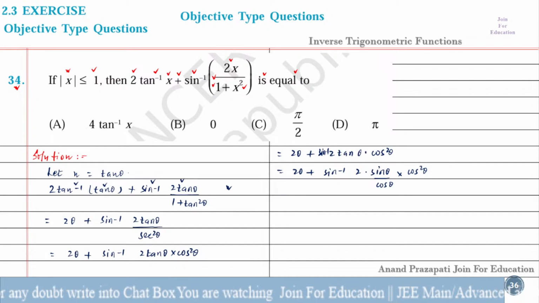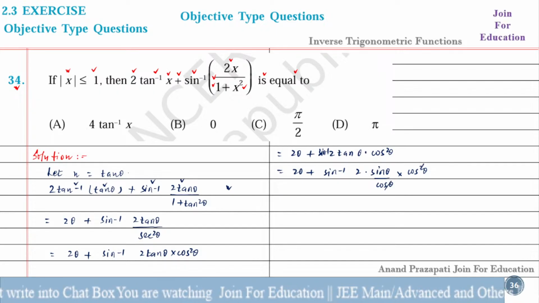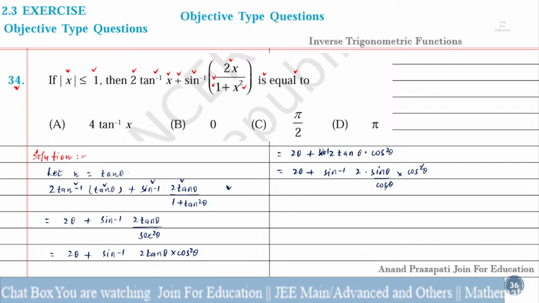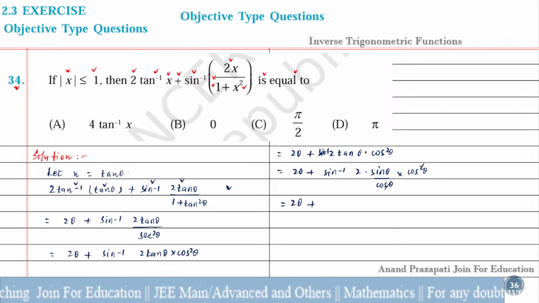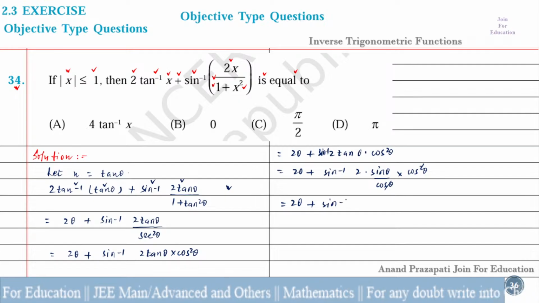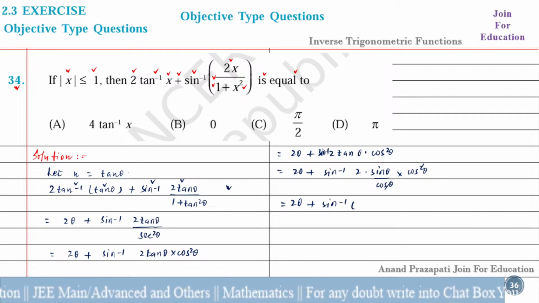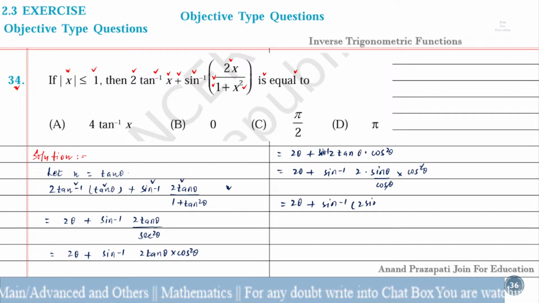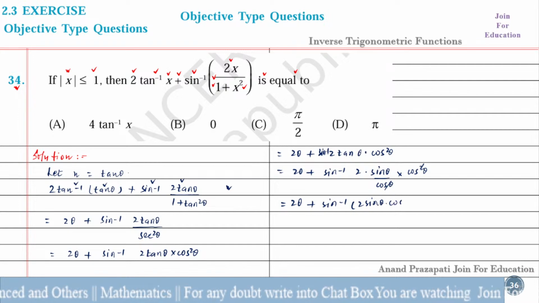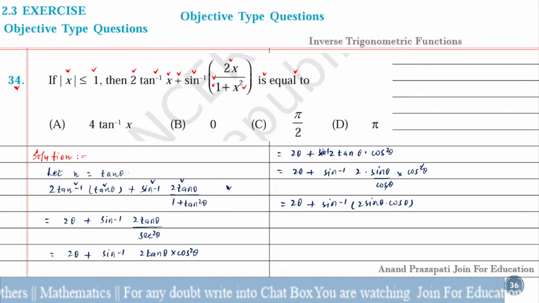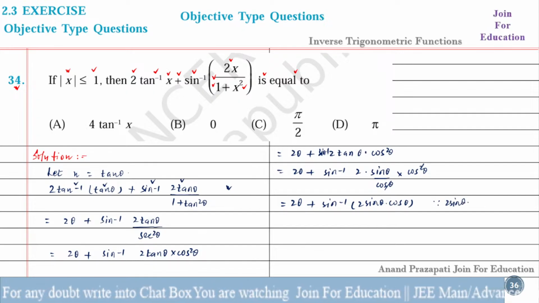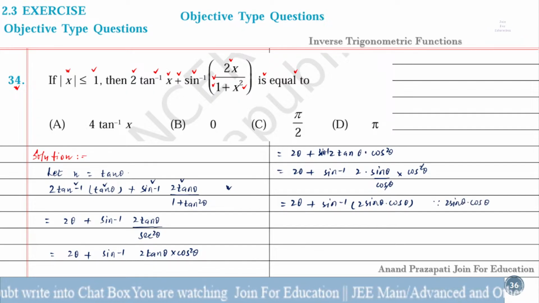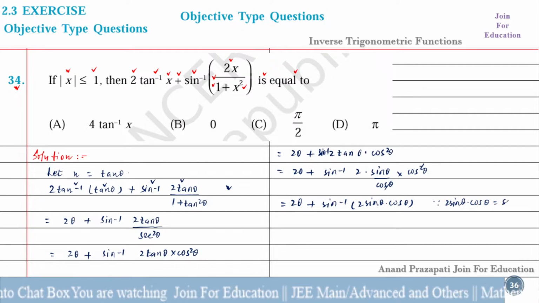We cancel out one cos theta, then we get 2 theta plus sin inverse of 2 sin theta into cos theta, and we know that 2 sin theta into cos theta equals sin 2 theta.